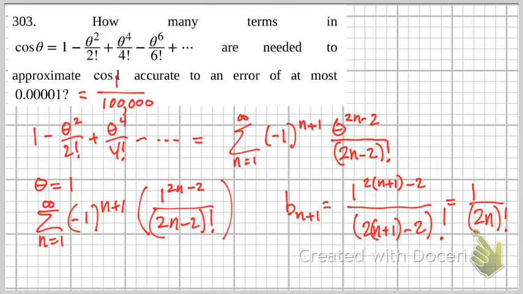So all we have to do here is take that 1 over 2 to the n factorial and say that has to be less than or equal to 1 over 100 million. And this is just using that theorem. So this here is our Rn, and this is what we need to be less than here.